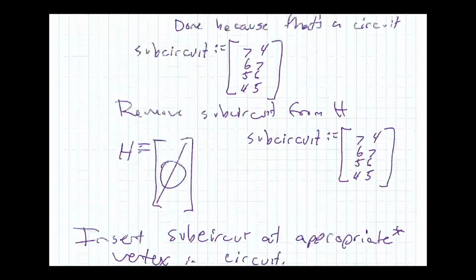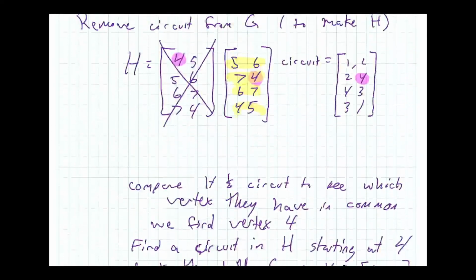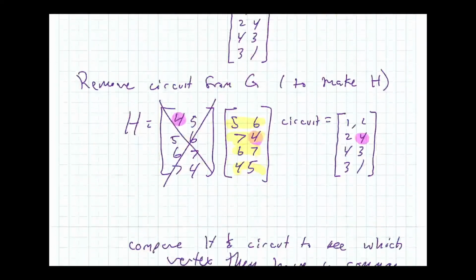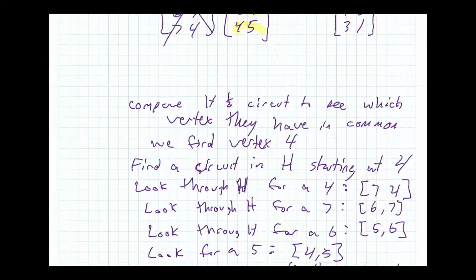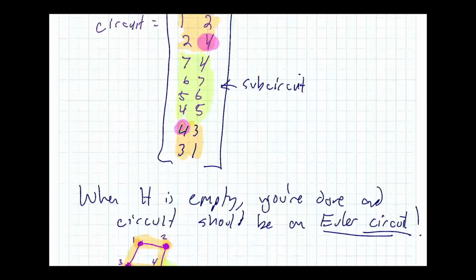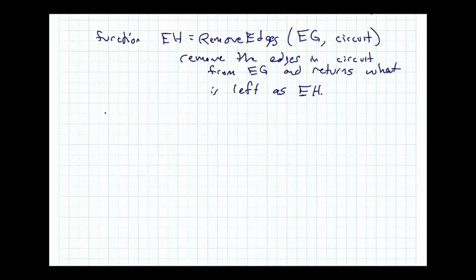There was like an asterisk, right? Okay. Compare H and circuit to see which vertex they have in common. So that's a function too. So I made a function called find vertex.